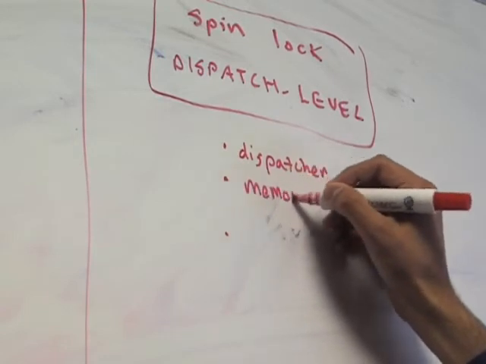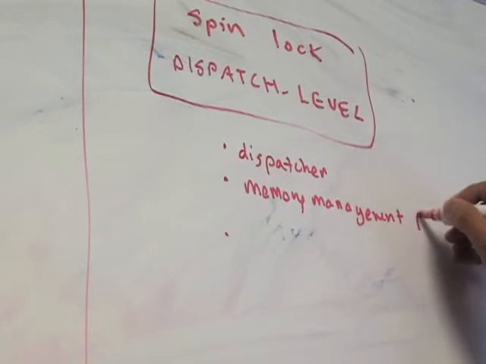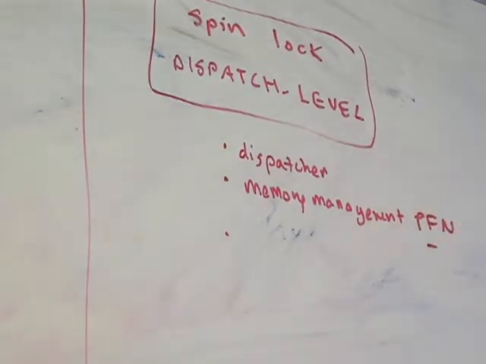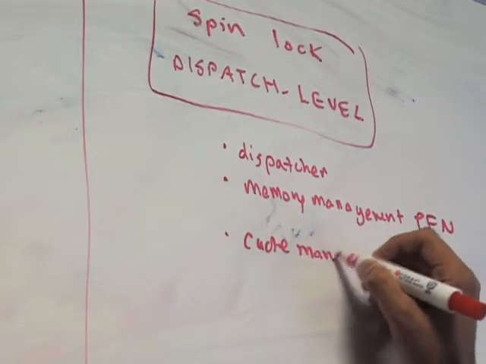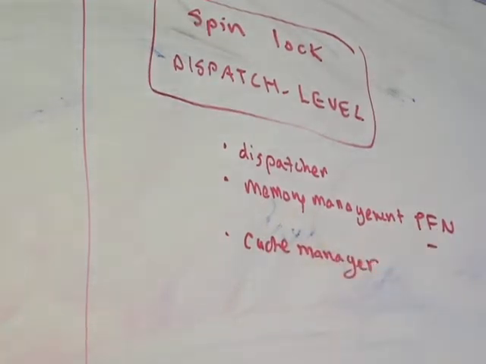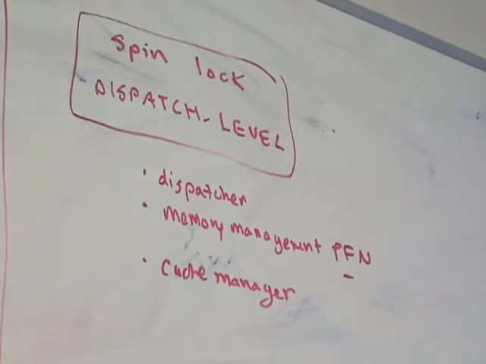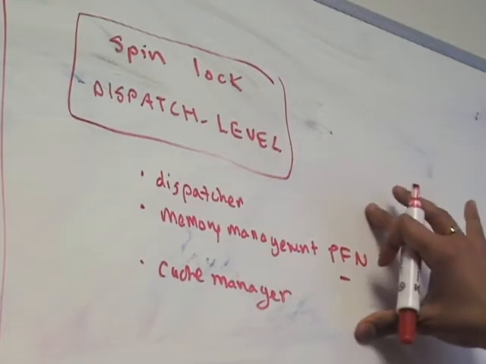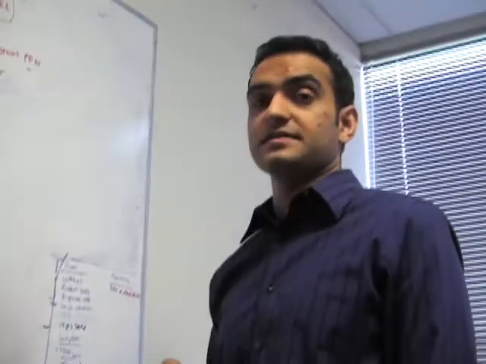Another one was the memory management PFN lock, the page frame database lock, and then some locks in the cache manager. And these three locks tend to show up quite a bit on a lot of the server class workloads we see. And when I say show up, what I mean is that the contention on the locks tends to increase the more processors you add into the mix.